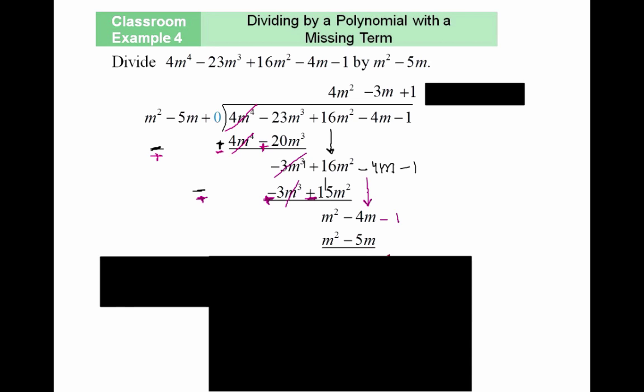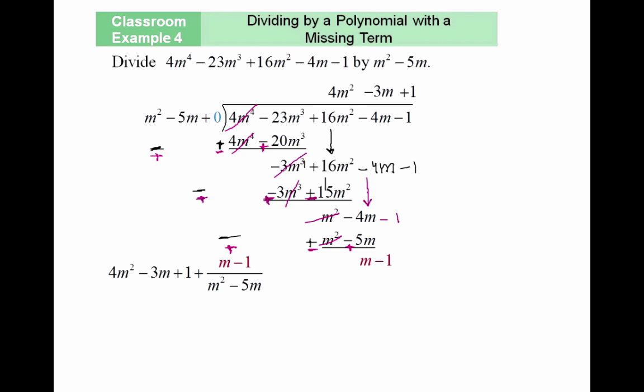So I need to subtract. Change the subtraction to addition. This becomes minus. This becomes plus. So the remainder, m squared adds up to 0. So the remainder would be minus 4m plus 5m. That would be the same as just m minus 1.